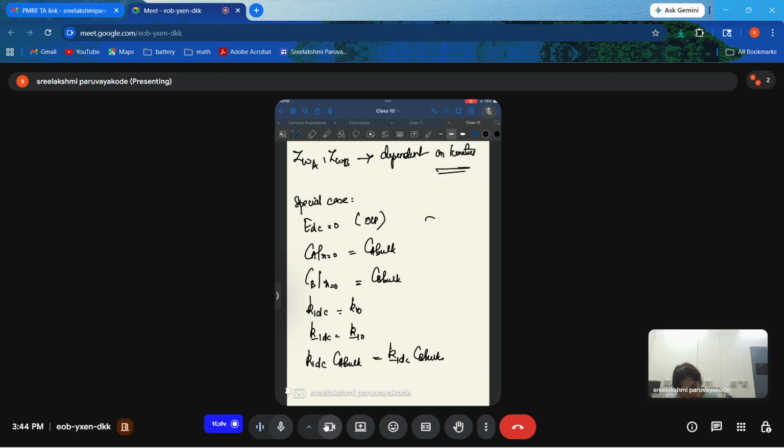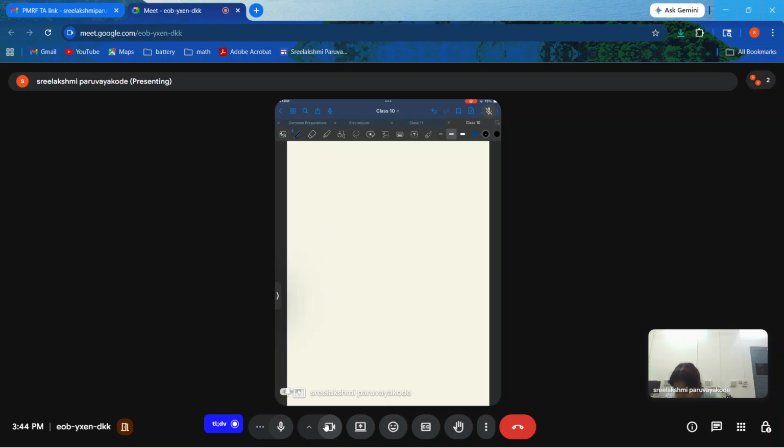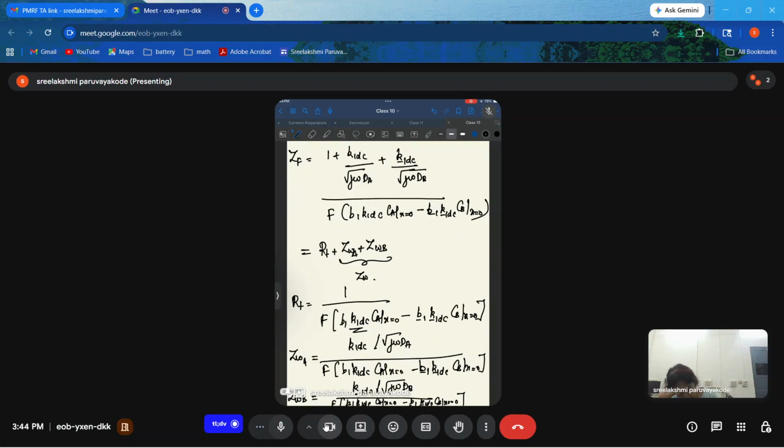So when I'm applying all of these conditions together in the equation for the entire ZF, let's take the denominator of this. What is the denominator?